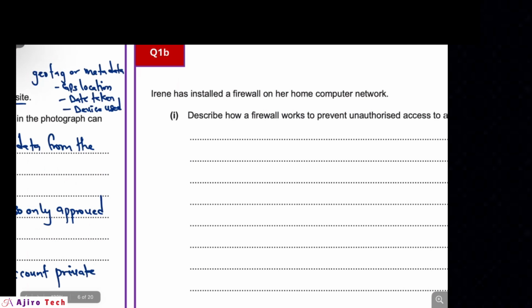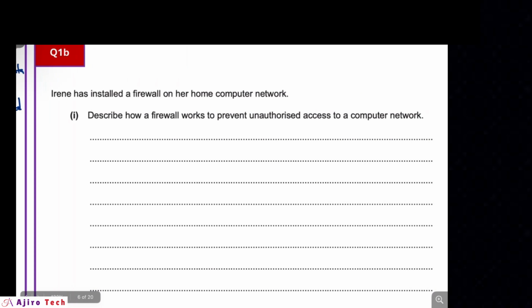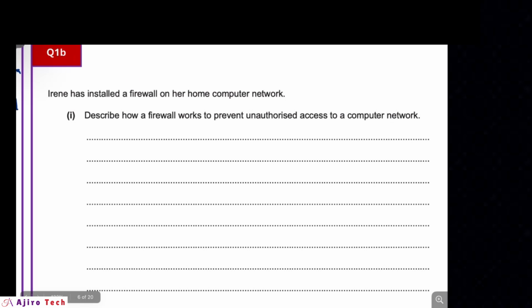All right. Irene has installed a firewall on her home computer. Describe how a firewall works to prevent unauthorized access to a computer system. This is chapter 5, e-security. Now, what's a firewall?